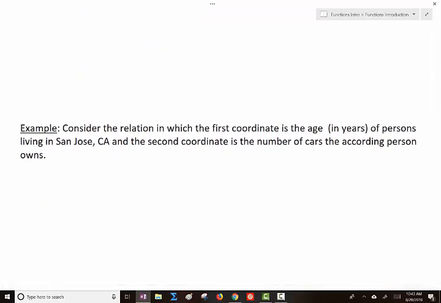Let's consider the relation in which the first coordinate is the age, let's say in number of years, of persons living in San Jose, California, and the second coordinate is the number of cars the corresponding person owns. So we can make up some stuff here. Perhaps there's some person, they're 22 years old and they own one car.